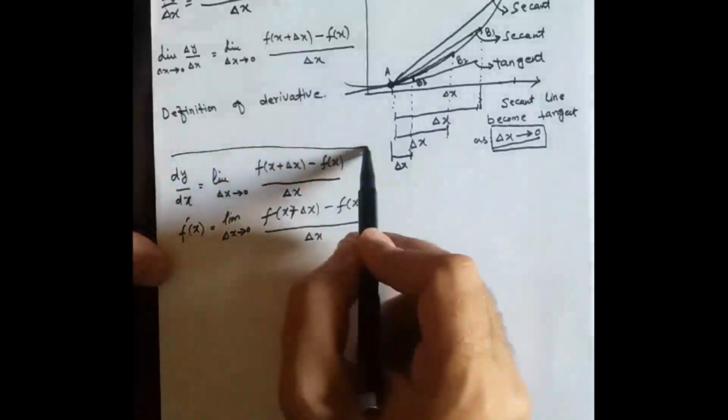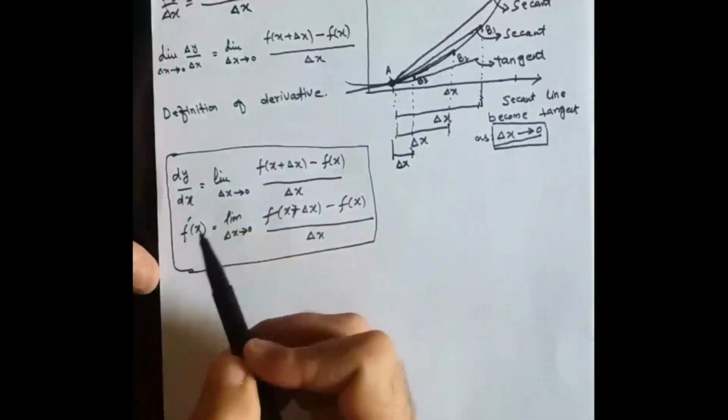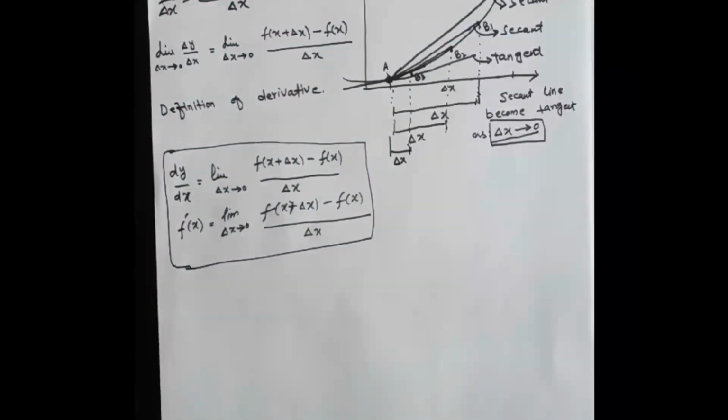So this is the definition of the derivative, which is also called the first principle rule or definition of the derivative.